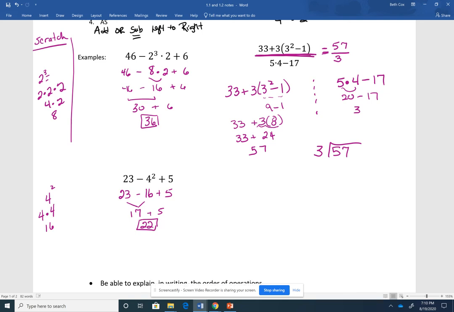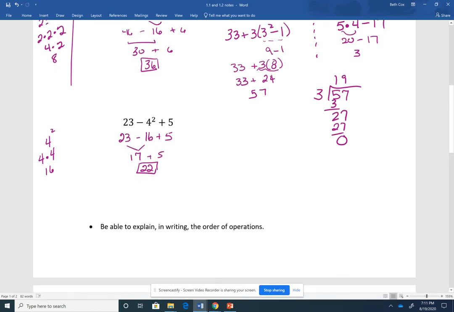You can do it on paper, you can do it on your calculator, I don't care. But just for the sake of doing it, I get 19. So the answer here is 19. I did the numerator because it's a grouping symbol, then the denominator, and then I did the division, and my final answer is 19.